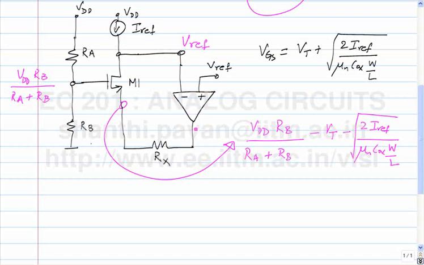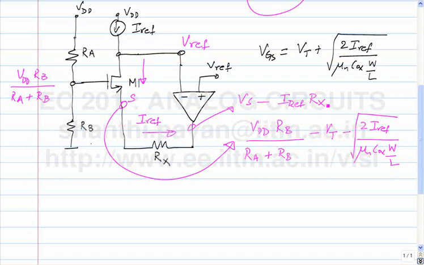Now can you tell me what the potential here is? The current through the drain flows like this, it's Iref, that has to flow into the op amp. So this current is Iref. So this potential is simply, if I call this S, Vs minus Iref times Rx.